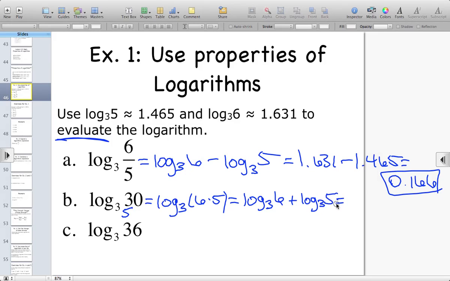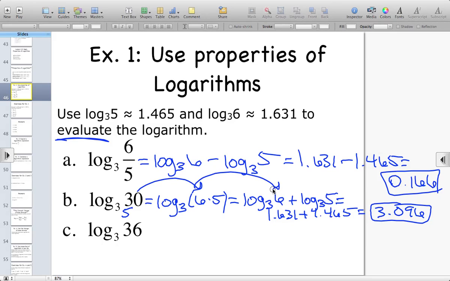So plug in the values. 1.631 plus 1.465, add them together and we get 3.096. So all we did was take 30, break it into two factors, and then take the logs of those factors and add them.